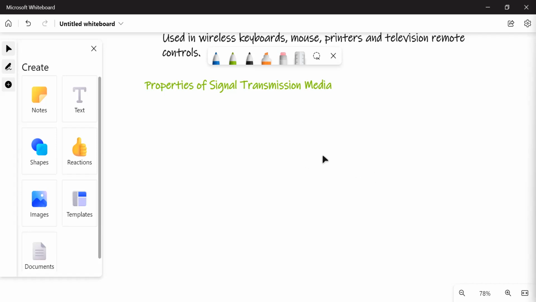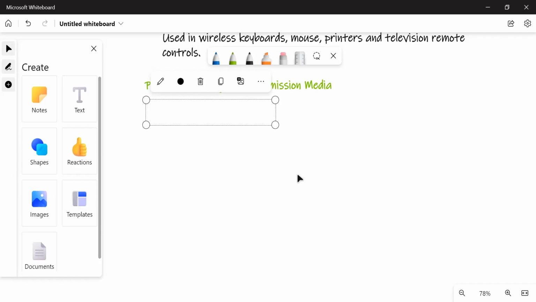So the first thing that we are going to discuss under properties is latency. Let's write down latency.